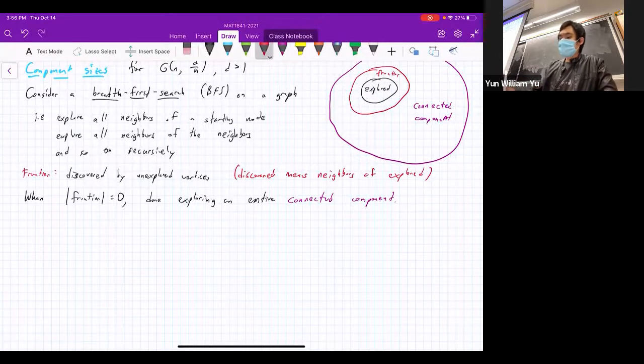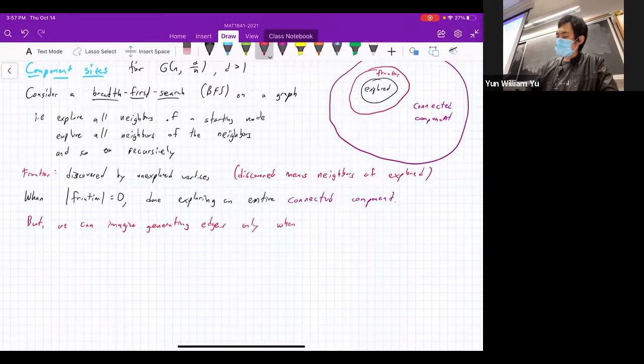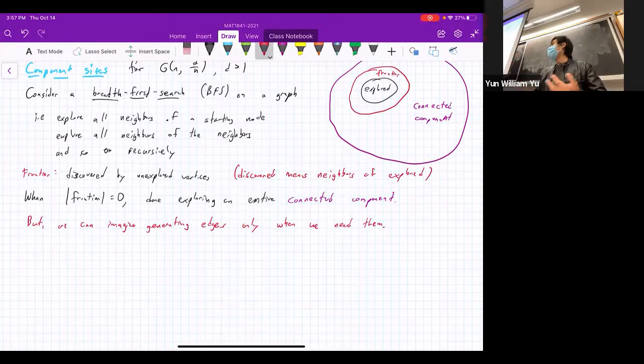And importantly, we can imagine generating edges only when we need them. This makes the process easier to analyze, because instead of having to generate all these edges first and then asking whether a particular edge exists, when you're on a node and exploring it, you're looking around and seeing where you can walk to.